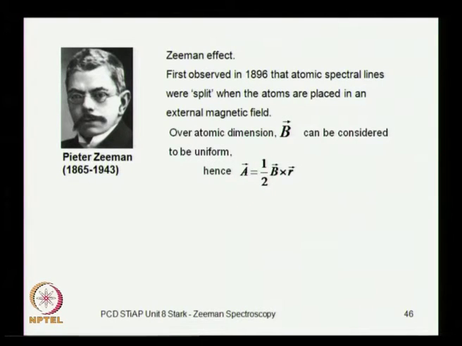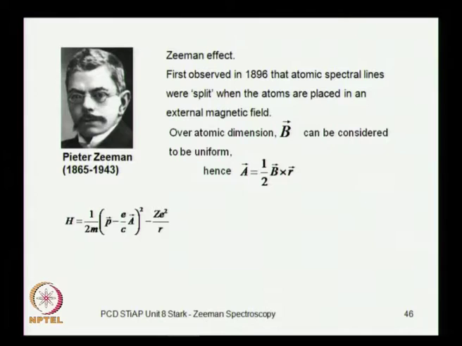And if you now consider an atomic field which is homogeneous over the atomic dimension, then the corresponding vector potential can be written as this, because this is the usual well known form from classical electrodynamics, that this vector potential gives you a constant homogeneous field, right. So, this is the vector potential that we will use, and with this vector potential the generalized momentum will take this form, P minus eA over c, which we have discussed earlier as well.